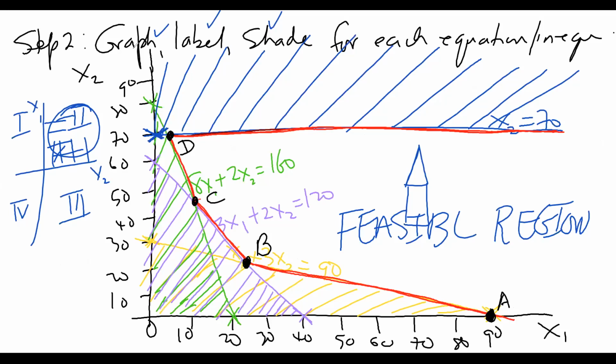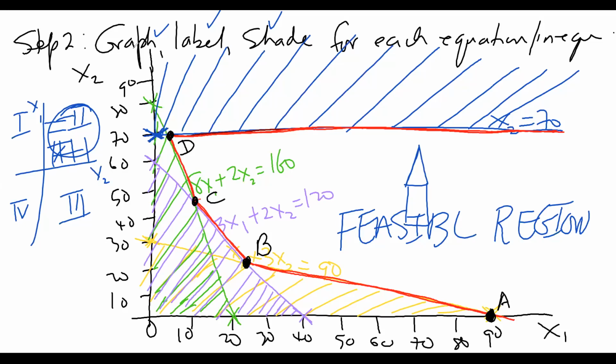Well, what simultaneous equations am I to use? That's where your label comes in. What is the label on the blue line? The blue line and the green line intersect to form corner point D. What are the equations of those two lines?